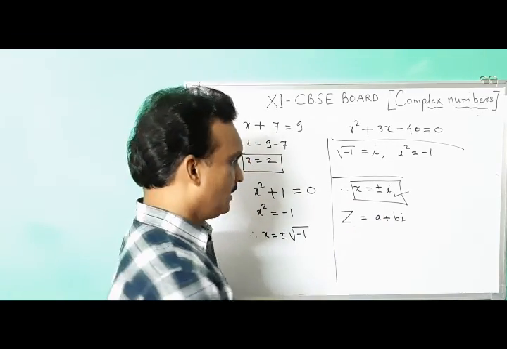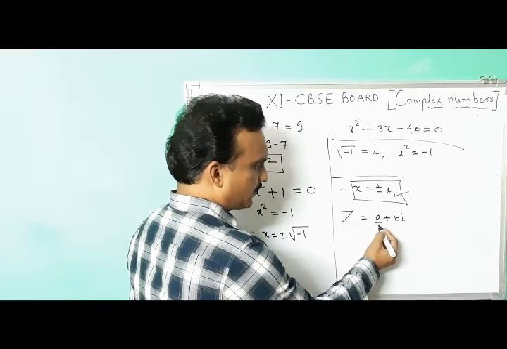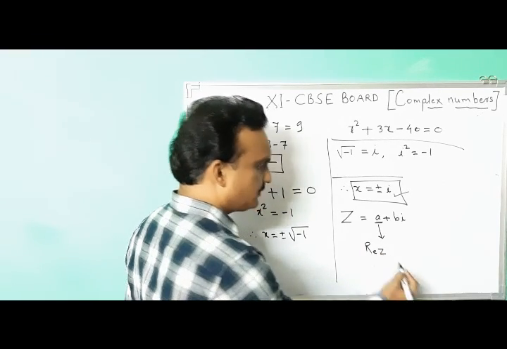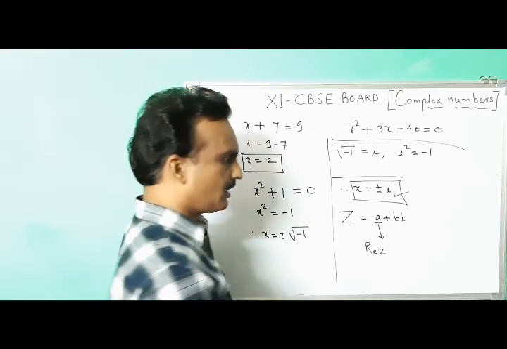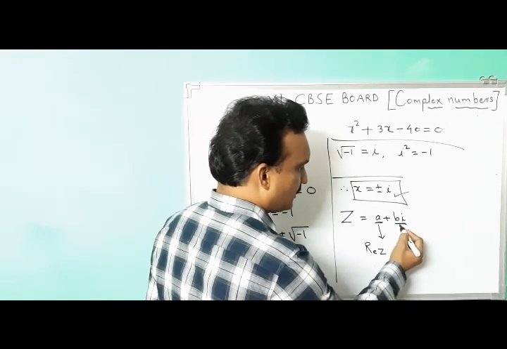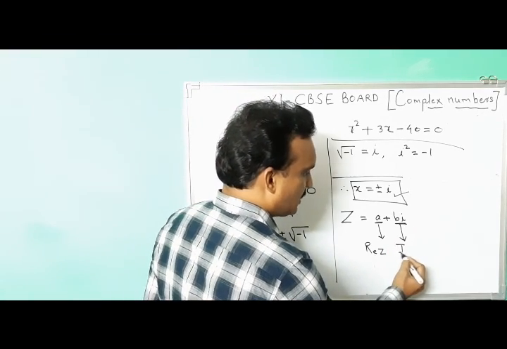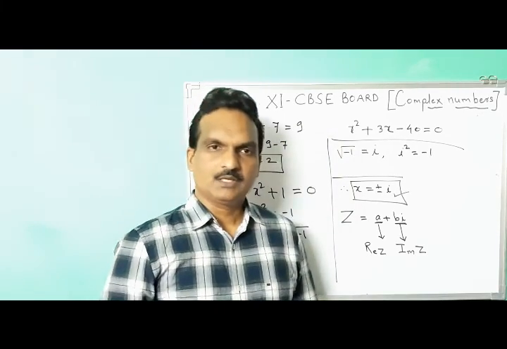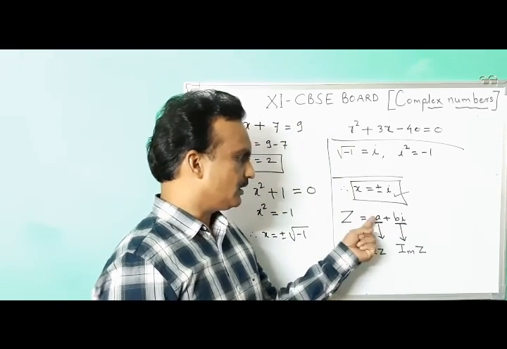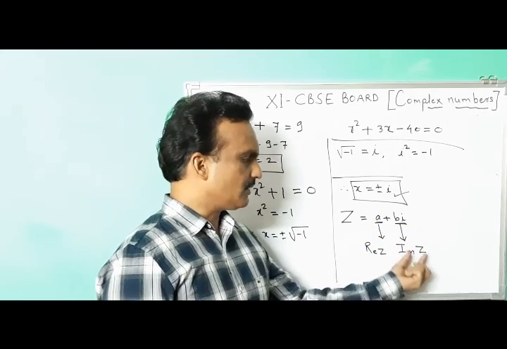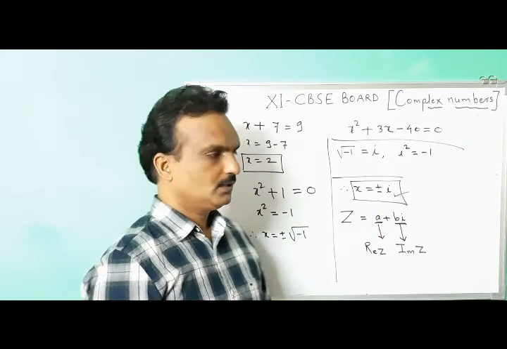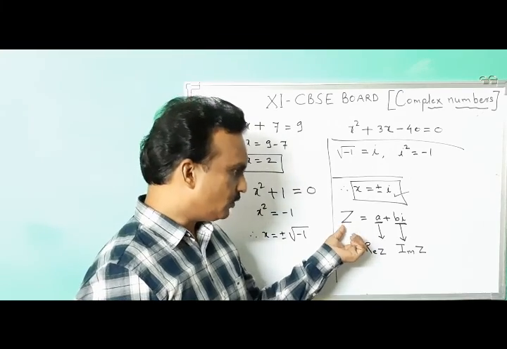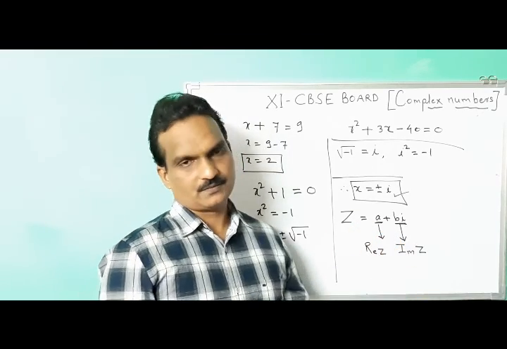Now a is called the real part of z, okay, and this part is called the imaginary part of z. In this we have two parts, real part and this is imaginary part. So you have understood, in this way we will denote the complex numbers.